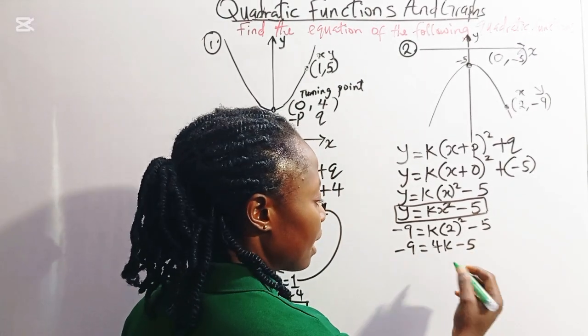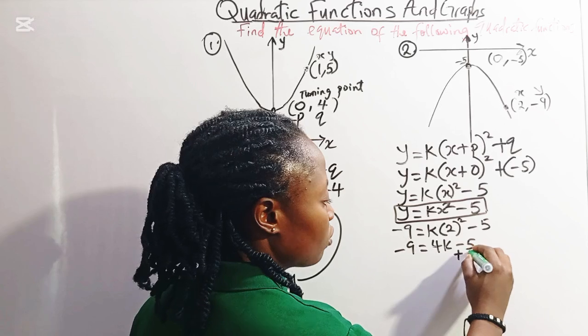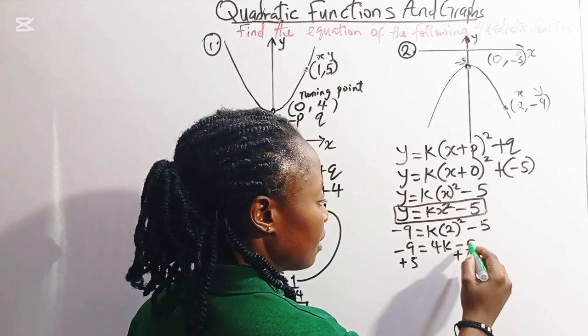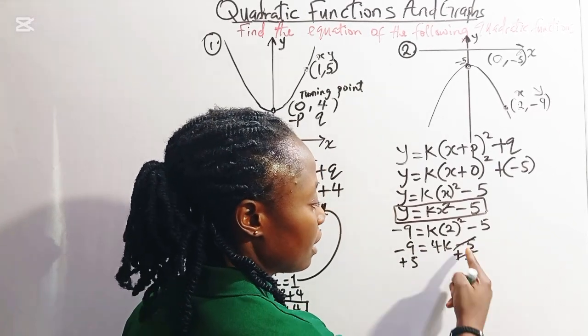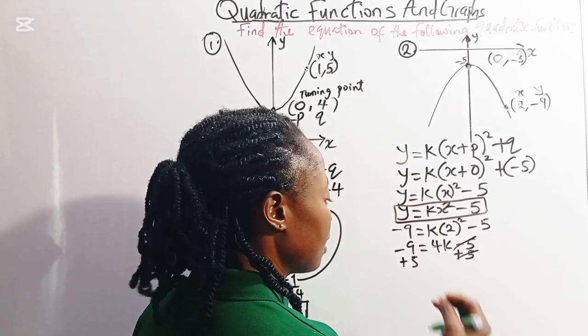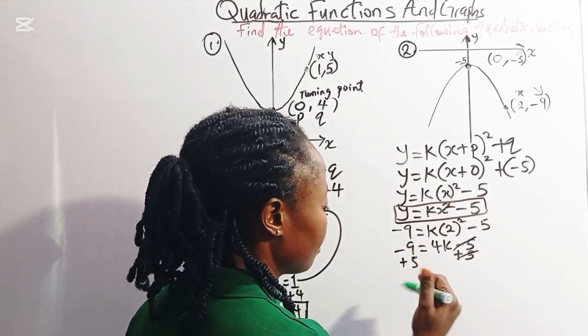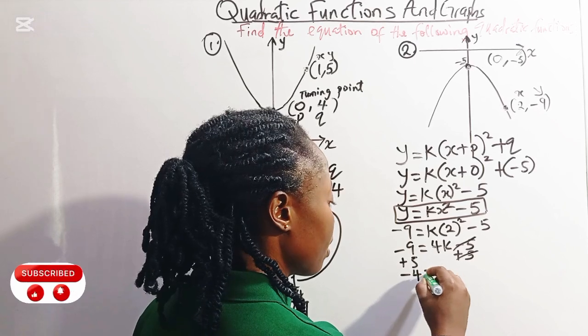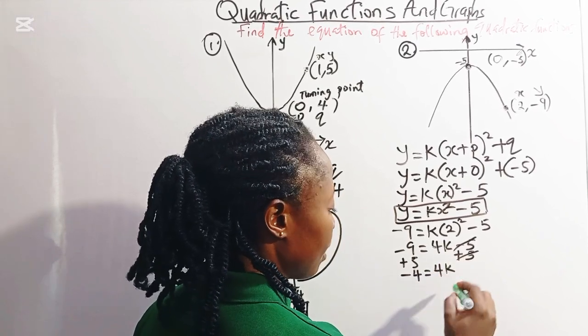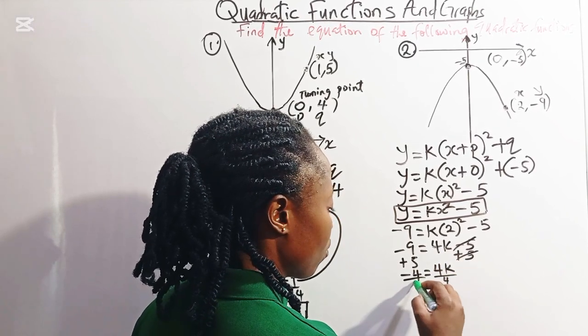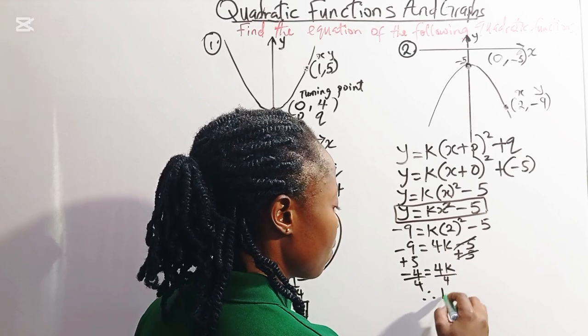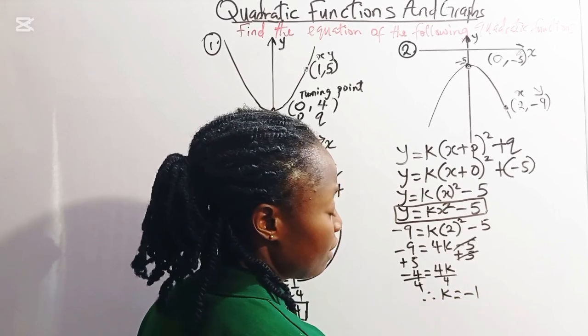So on this side, I'm going to add 5 to both sides. This -5 plus 5 is 0. Then -9 plus 5 is -4, equals 4k. So I'm dividing both sides by 4 here. Therefore, our k is equal to -1.